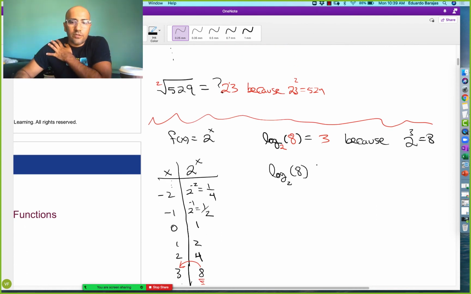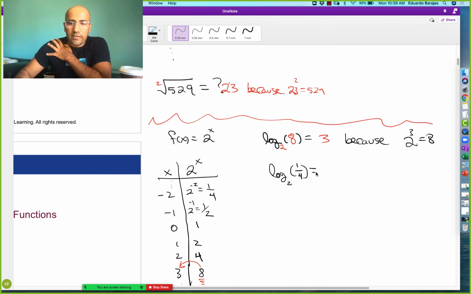Questions, questions, questions? So let's do a couple more then. Okay, so let's say forget the 8. How about log base 2 of 1/4? Right, what can I do? So this is saying 2 to what power equals 1/4, right?